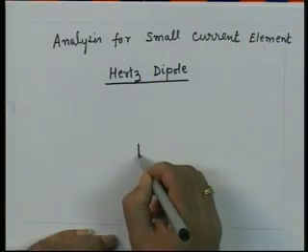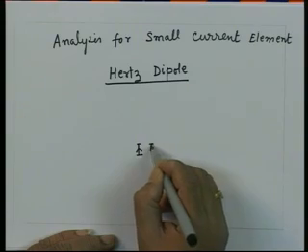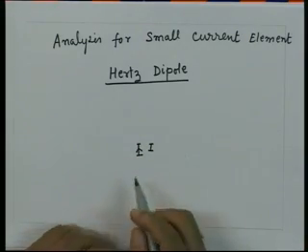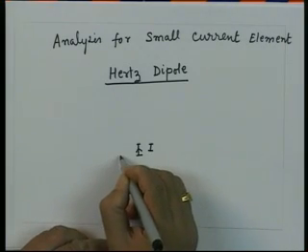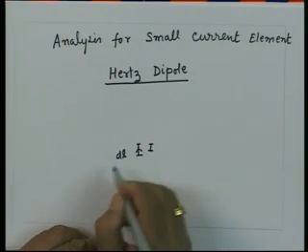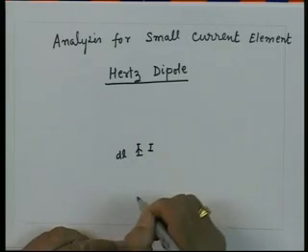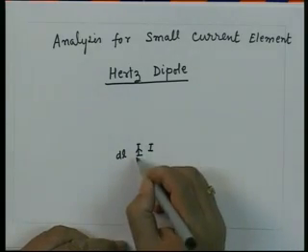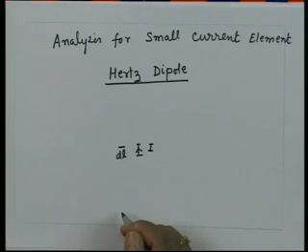Without worrying about how the current is excited in the small element, let us say I have a small current element which is carrying current in this direction, which is I, and the length of this current element is, let us say, given by some dl. Current is a scalar quantity, but this current is flowing in the direction along the length, so I can say dl is the vector quantity.